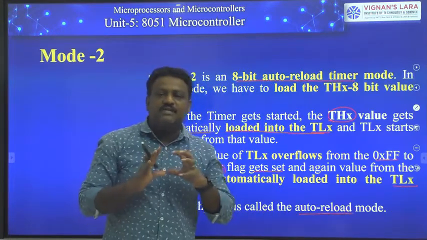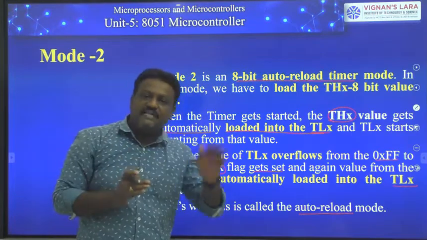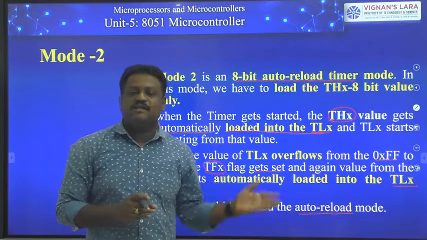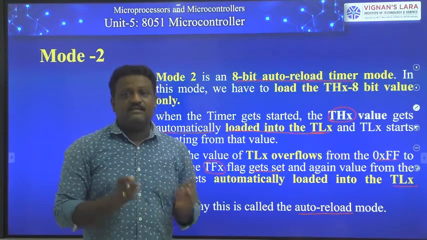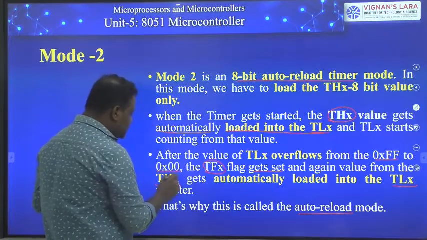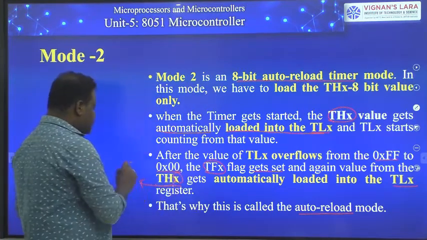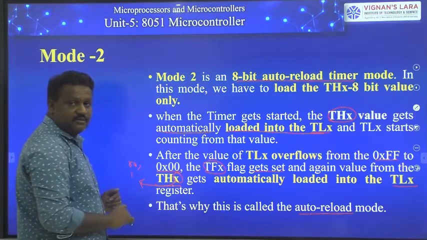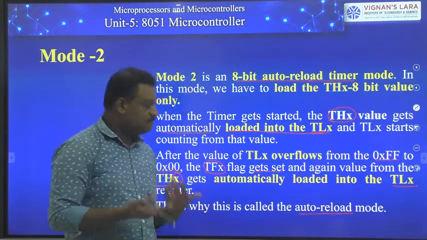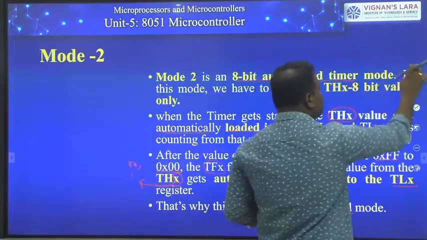So once the timer content rolls over from maximum to minimum, TFx is automatically set, as well as the THx value is copied to TLx. Don't get confused friends, this x represents timer 0 or timer 1. So x is equal to either 0 or 1. You have to remember that.